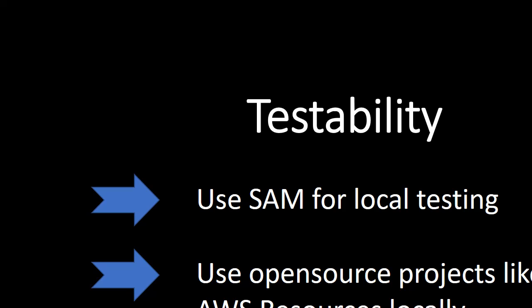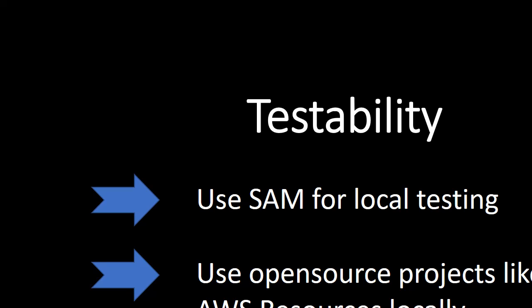What this service does is it provides a local environment where your Lambda function will be exposed as an API endpoint and you can test that. So that is one way you can test it locally before you deploy to the AWS environment.